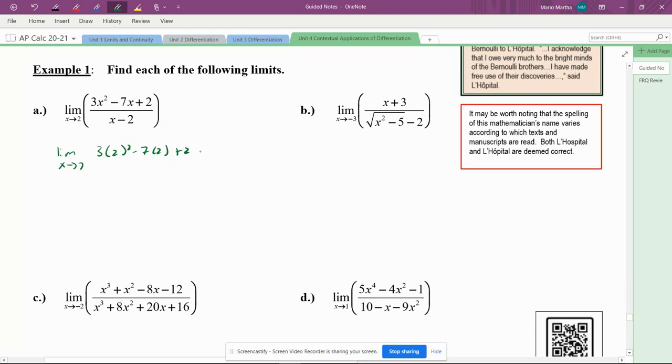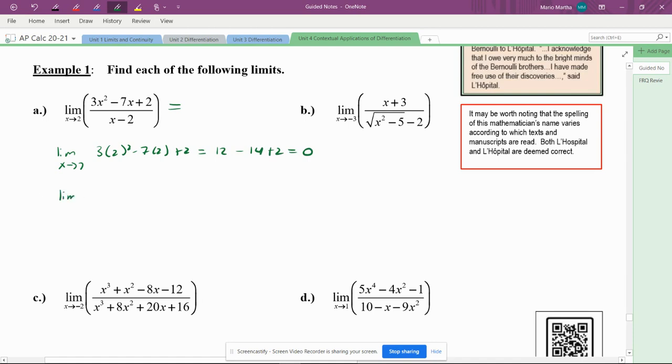You want to make sure that you first plug it into each, and then establish whether or not it is an indeterminate form. Make sure you do it separately, all right? It's very important. Don't just plug it in and then do 0 over 0. So 3 times 4 is 12, minus 14, plus 2 gives us 0.